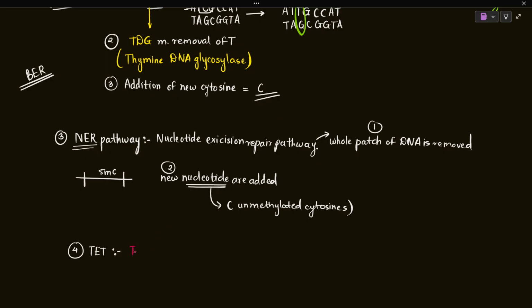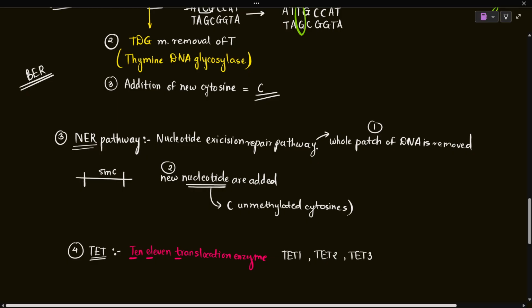TET stands for ten-eleven translocation enzyme. So the TET, ten-eleven translocation, family of enzymes contains different TET proteins like TET1, TET2, TET3.